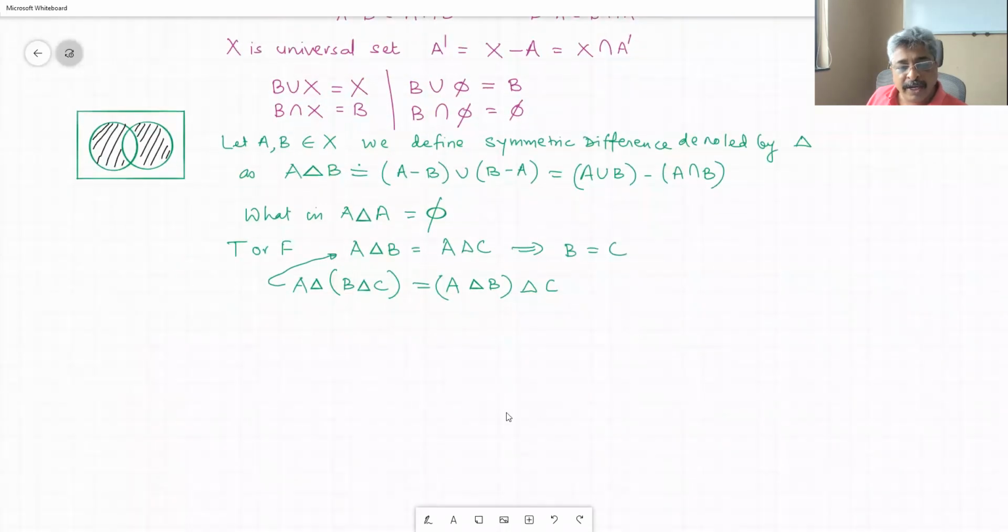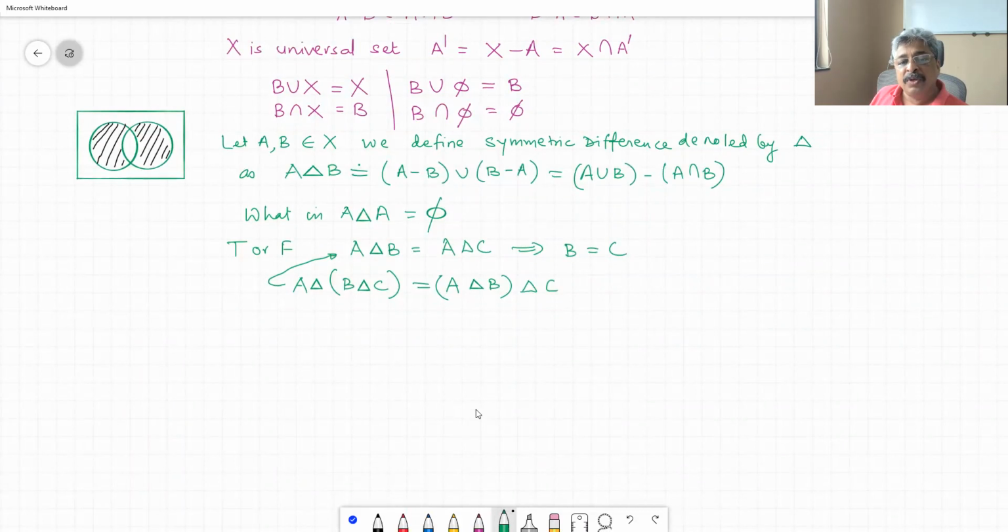So try to prove (A delta B) delta C is equal to A delta (B delta C).